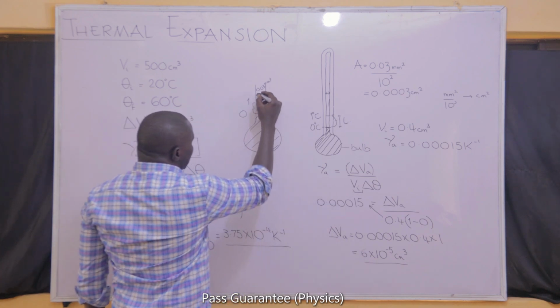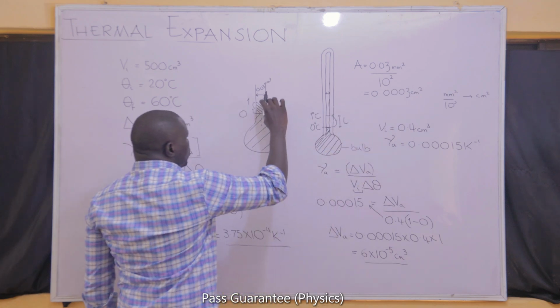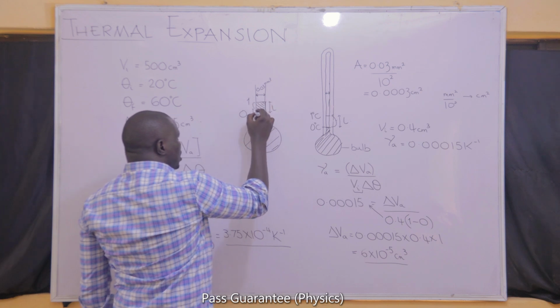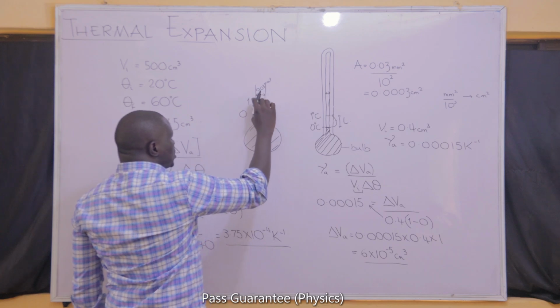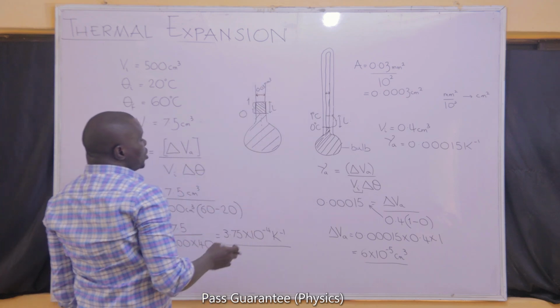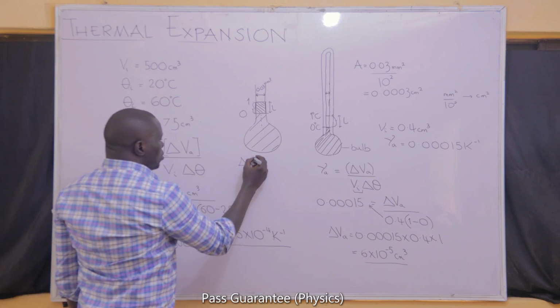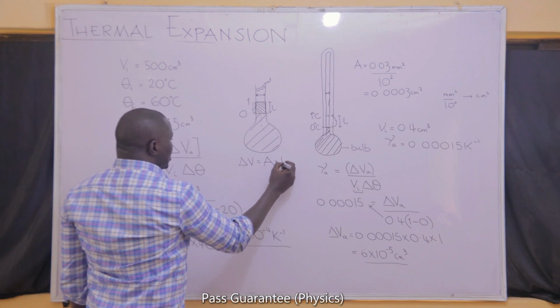Now, the change in volume that is expected from 0 to 1 is this. The cross-sectional area is 0.0003 centimeters squared. I want to find the length. The formula for change in volume, since it is a cylinder of uniform cross-sectional area, must be area multiplied by the length.